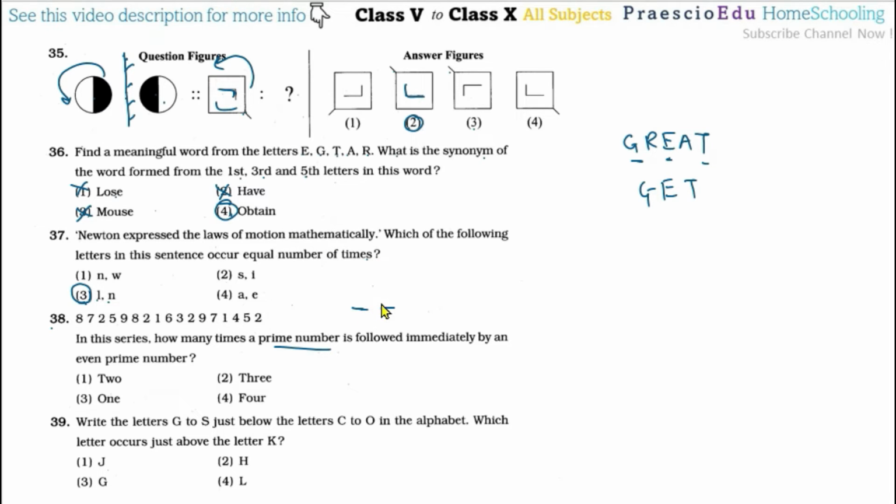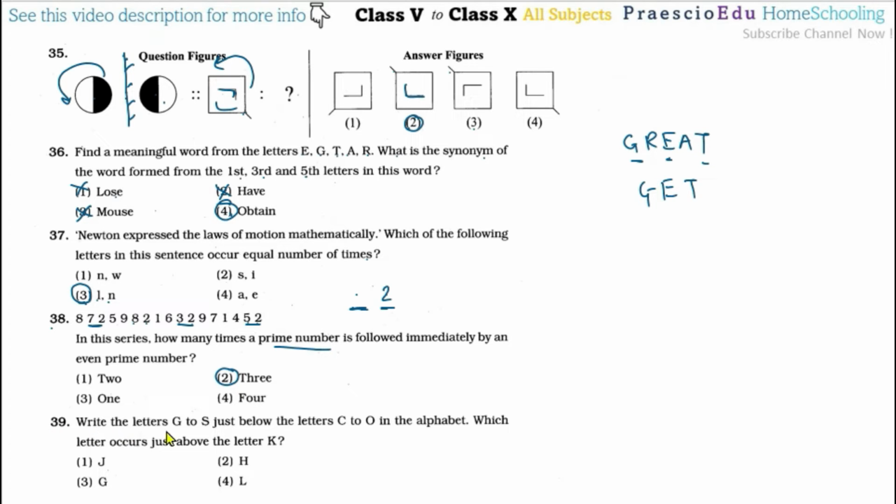That is 2. So a prime number followed by this even prime number, 2. Here a prime number and here the 2. That condition we have to search. Now 2 is here, and on this side 7, yes, this is a condition. Then 2, but this side is not a prime number. Then 3 and here a prime number, so this is another condition. Then 2 and here 5, which is prime. So 1, 2 and 3. So 3 means option number 2 is the correct one.